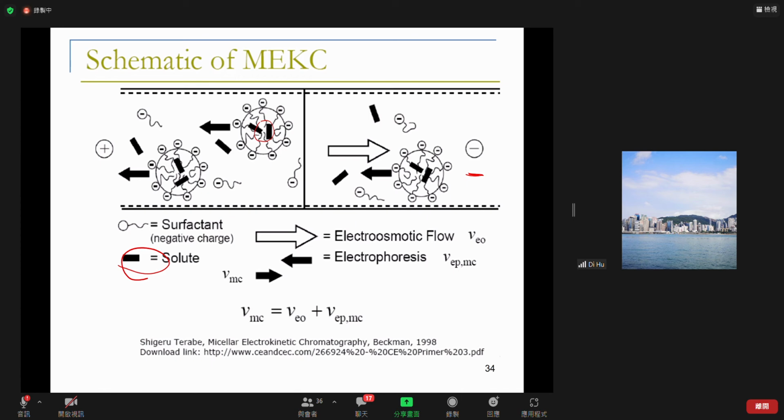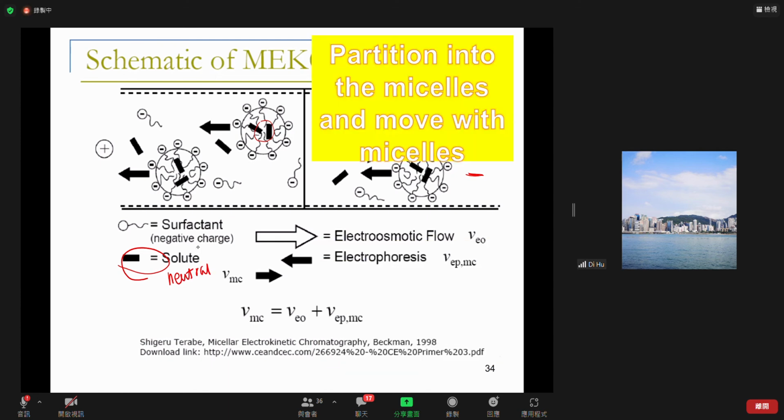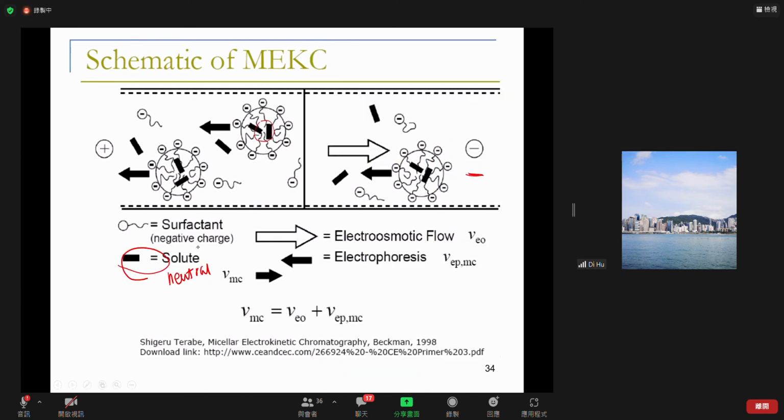Now we're talking about neutral compounds. If your compound has no interaction with the hydrophobic inside of the micelle, so it's very polar, it just dissolves in the aqueous phase and travels together with the buffer solution at EOF.